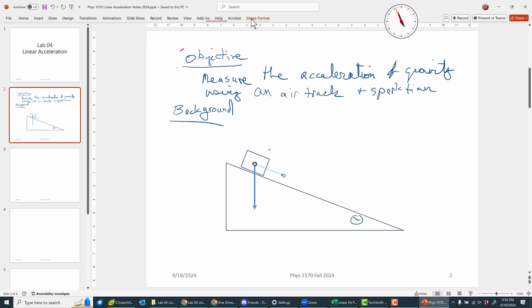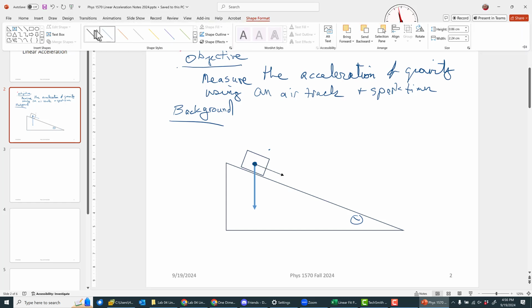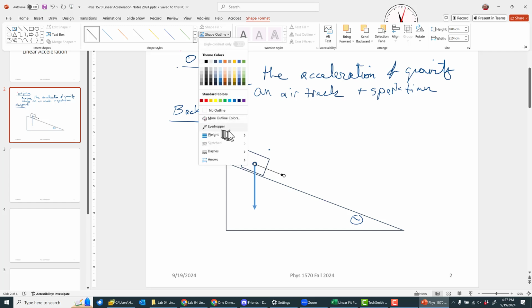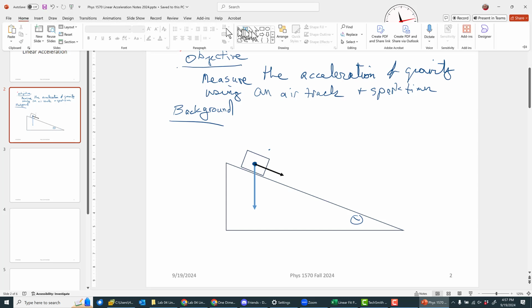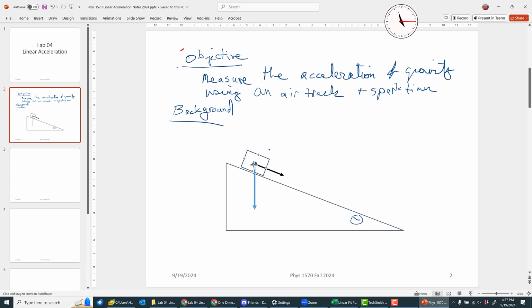and let's make it heavier. And there is another component that is pointed perpendicular to the motion.